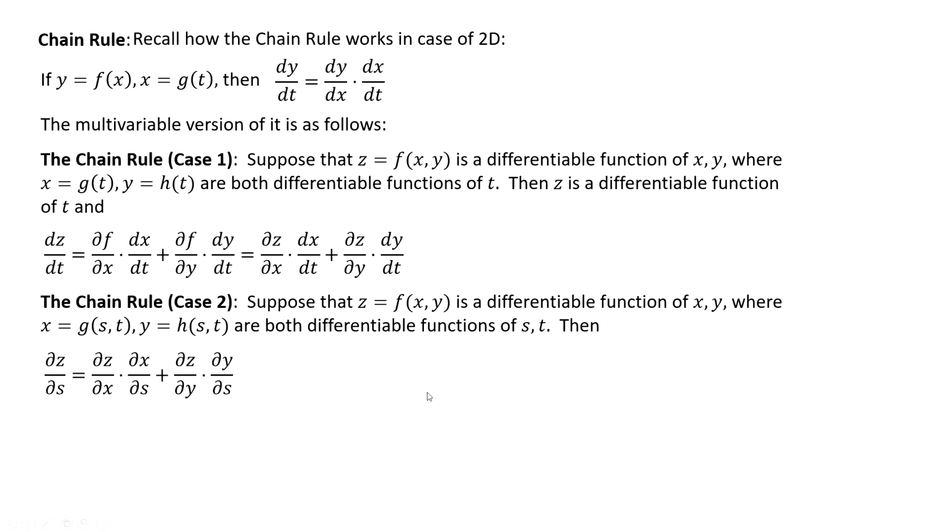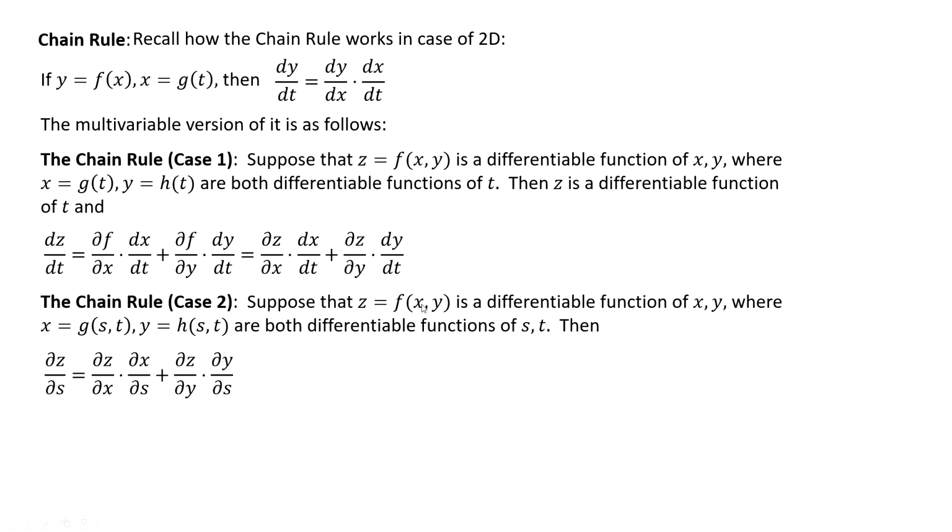So let's look at that. Partial z with respect to s. Well, that's simply partial z with respect to x times partial x with respect to s plus partial z with respect to y times partial y with respect to s. Partial z with respect to x, you should have no hesitation in saying that, right?